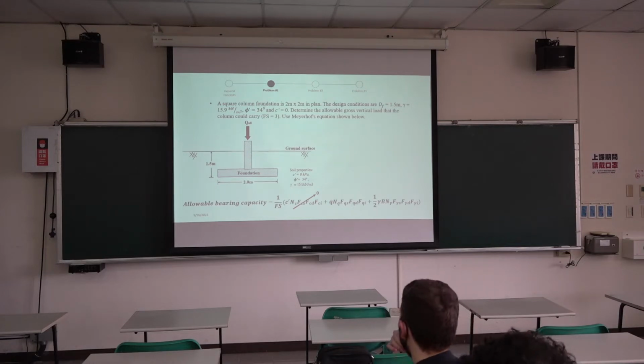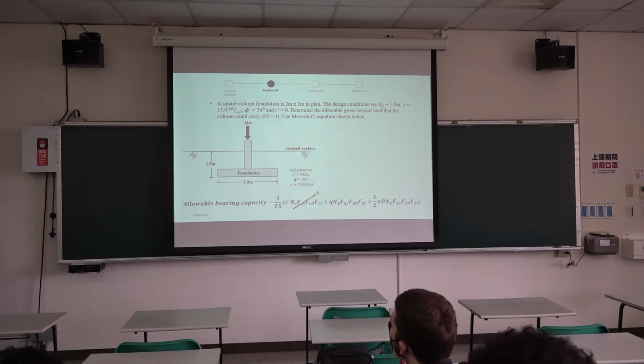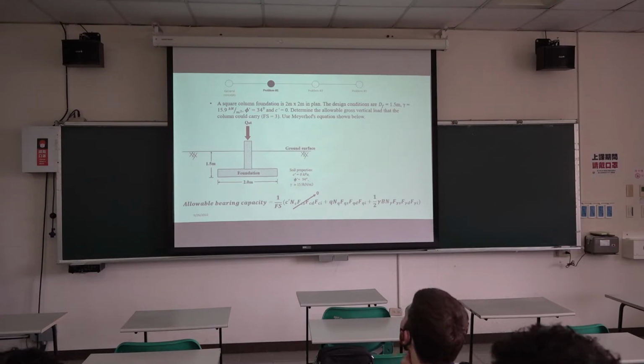The friction angle is 34 degrees, and the cohesion is 0. So this probably is some kind of sandy soil, cohesionless soil generally. We are asked to obtain the allowable gross vertical load that the column could carry, and they give us the factor of safety to be 3.